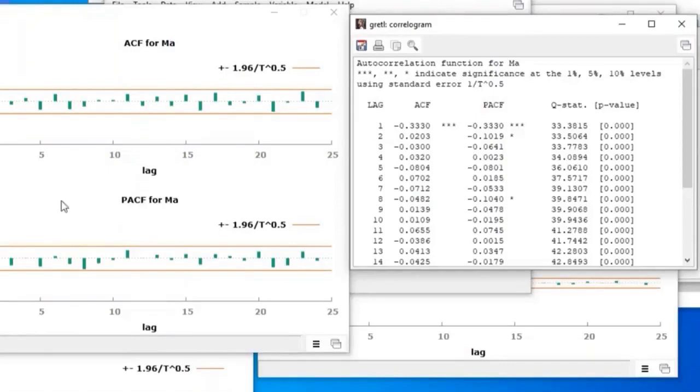Basically, those are the significant ones going beyond the threshold, beyond this 95% confidence interval. Okay, sir. Yes, sir. Okay.